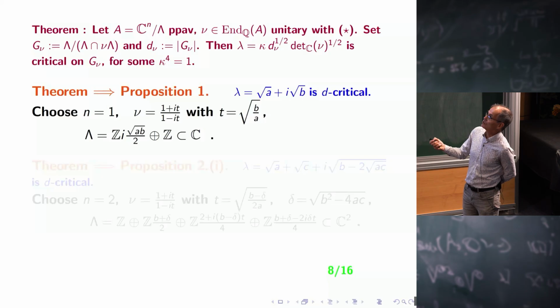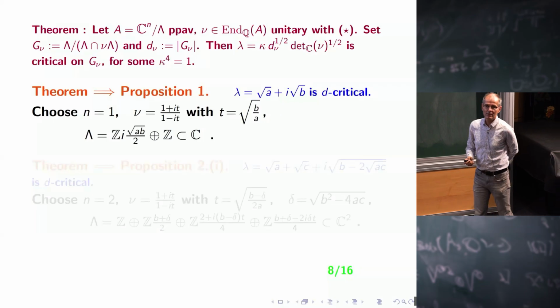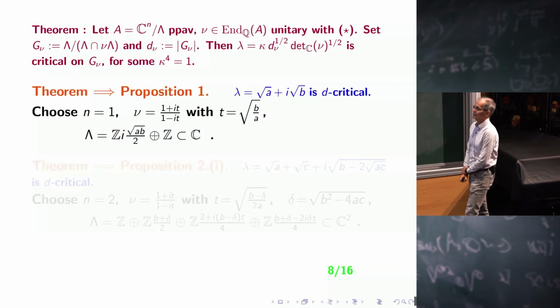You get a square on the numerator. And you get D at the denominator. And this is why when you apply this formula to this nu, you get exactly square root of A plus I square root of B. And then you have to determine the sign. But I will explain later how you determine the sign, not this time.